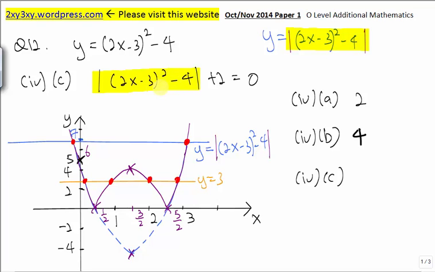For part 4c, we are given this expression here. So we are going to move the 2 over so that we get the expression y equal to negative 2. We are going to draw the line y equal to negative 2 on this curve. As you can see, the curve and the y equal to negative 2 line do not intersect.